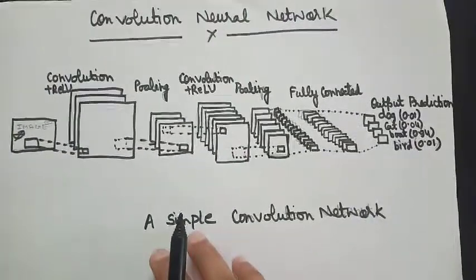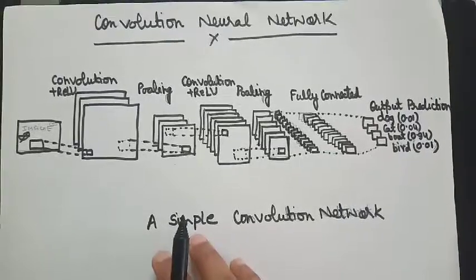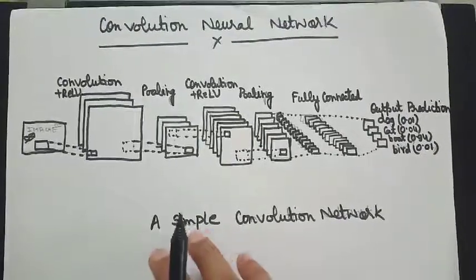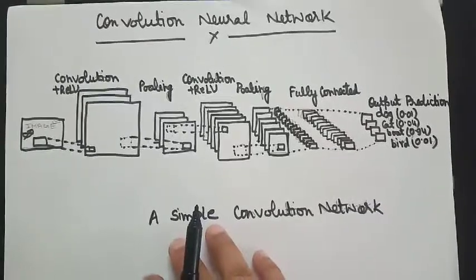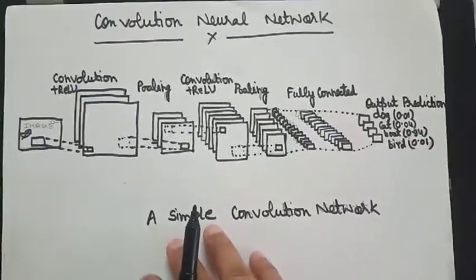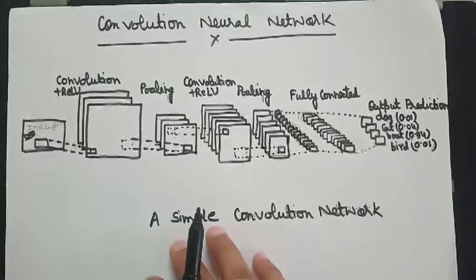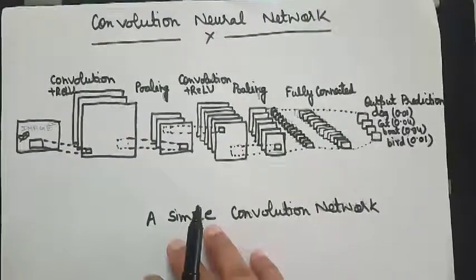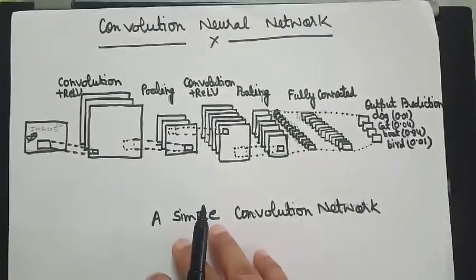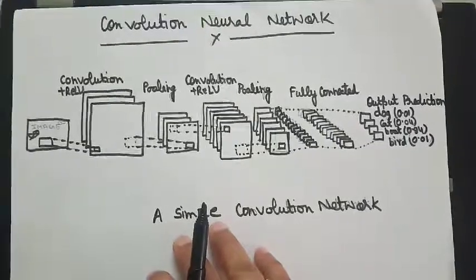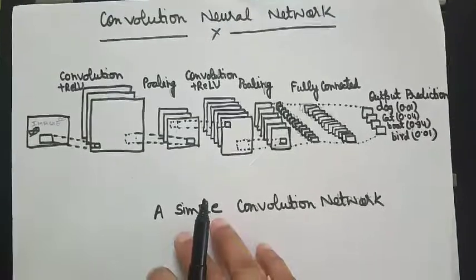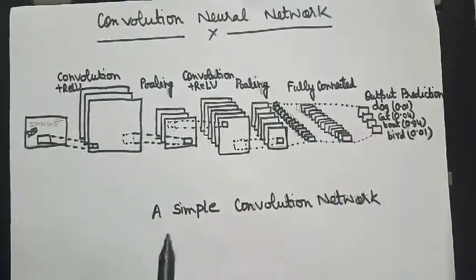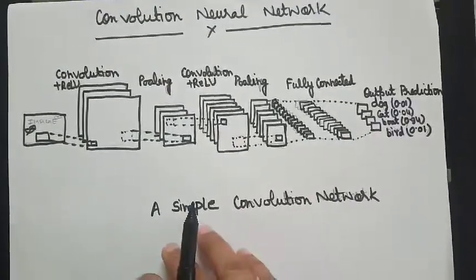And the most important point is that a convolutional network is able to successfully capture the spatial and temporal dependencies in an image through the application of relevant filters. The architecture also fits image datasets better due to the reduction in the number of parameters involved and the reusability of weights.